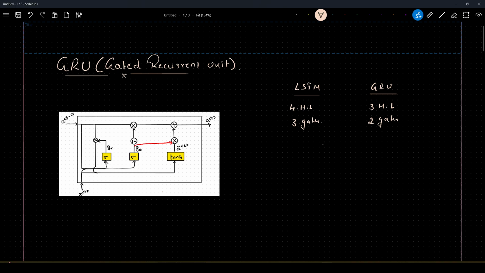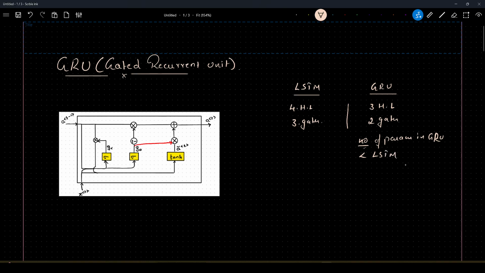As you can see from this particular block here, it has 3 hidden layers, whereas LSTM had another hidden layer here. Since we have one less hidden layer and one less gate, the number of parameters in GRU is less than that of LSTM.